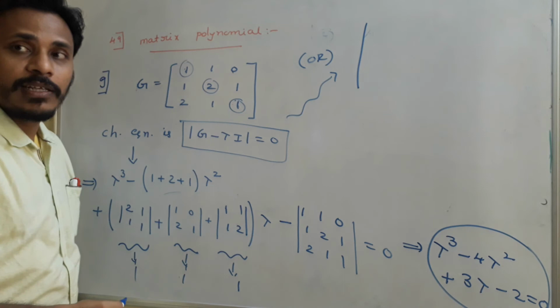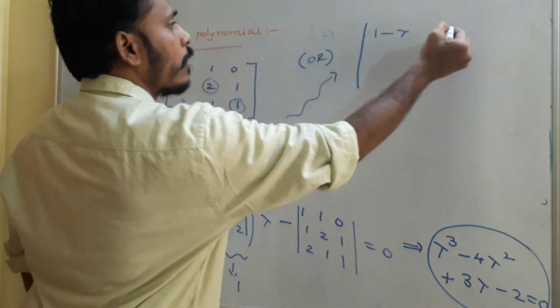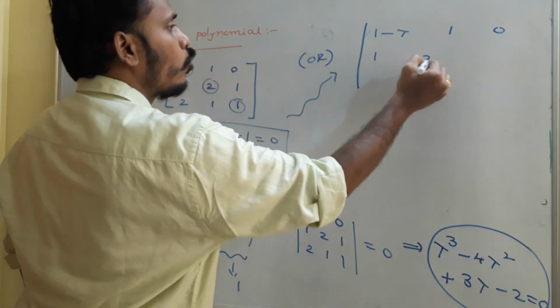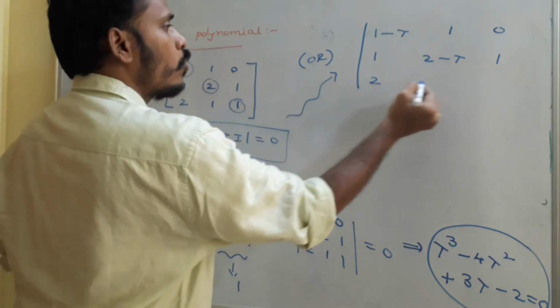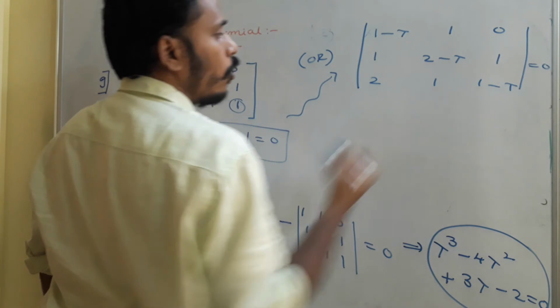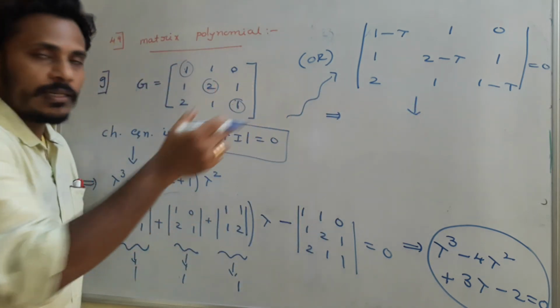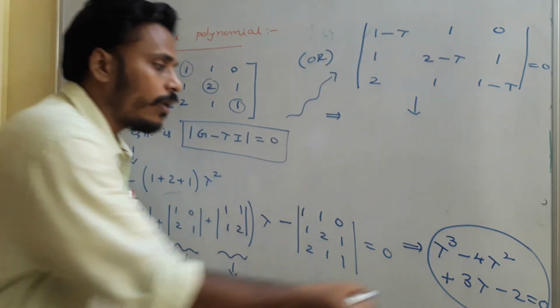Okay, G minus lambda I is equal to 0 means 1 minus lambda, 1, 0, and then 1, 2 minus lambda, 1, and then 2, 1, 1 minus lambda is equal to 0. If you find the determinant for this determinant in terms of lambda, again you will get the same answer.